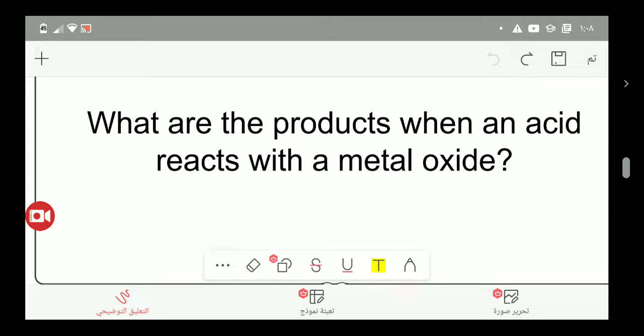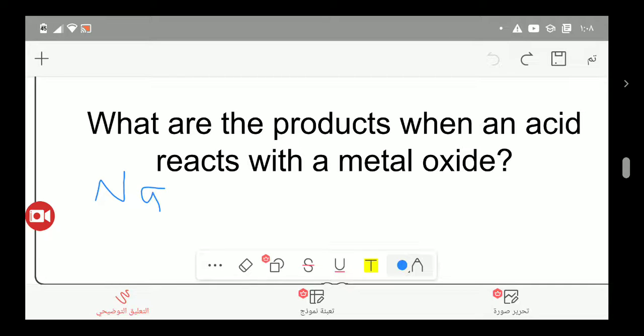Next question: what are the products when an acid reacts with a metal oxide? For example, metal oxides such as sodium oxide, Na2O, plus acid such as HCl.